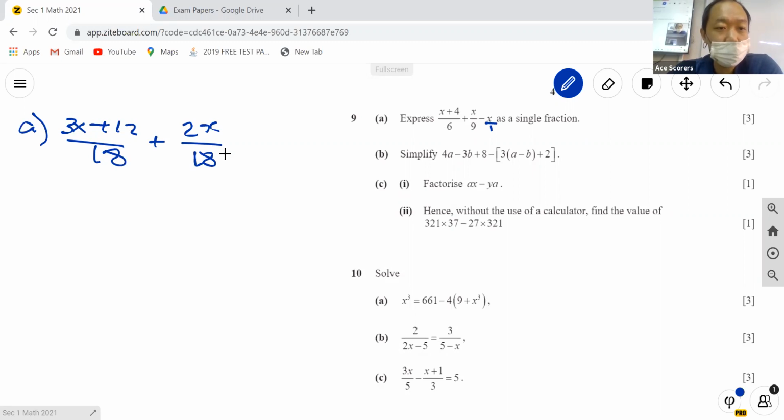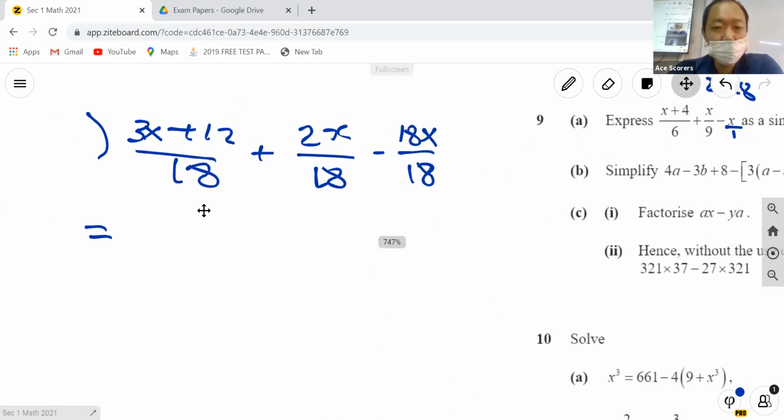Okay, I can see I got a new mouse, and it's a little difficult. 18x out of 18. Okay, so what did I do here? I changed all of them to base 18. So the first one times 3, second one times 2, this one times 18. Multiply them. And I'm just going to zoom in here so it's easier to see, okay?